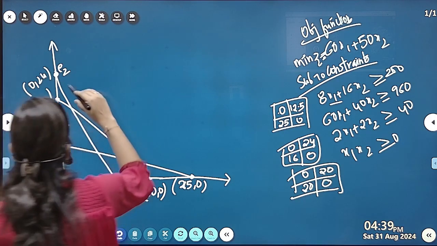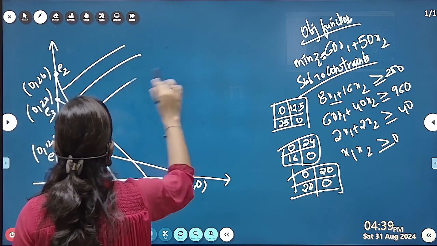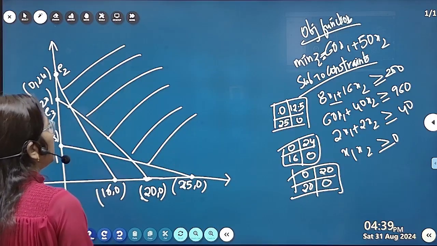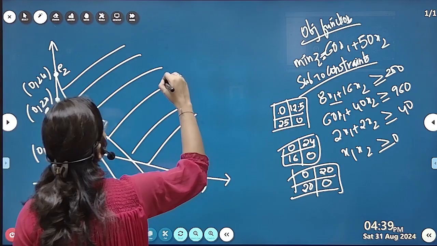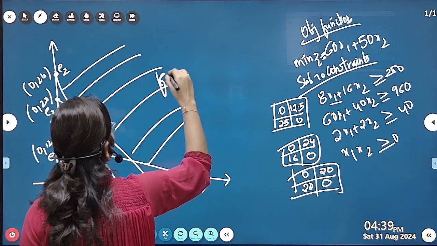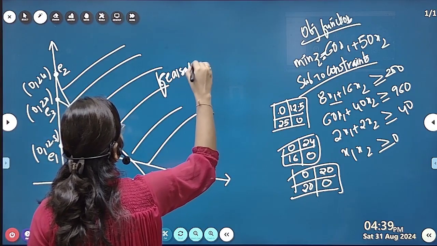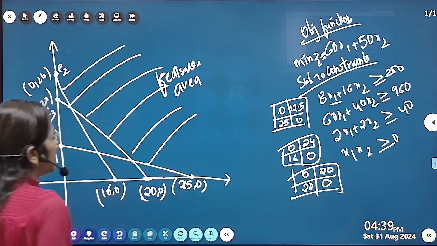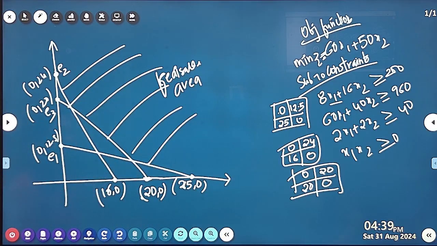So whatever the empty space facing that side will be, this is the feasible area. It's nothing but this area satisfying the 3 equations here.